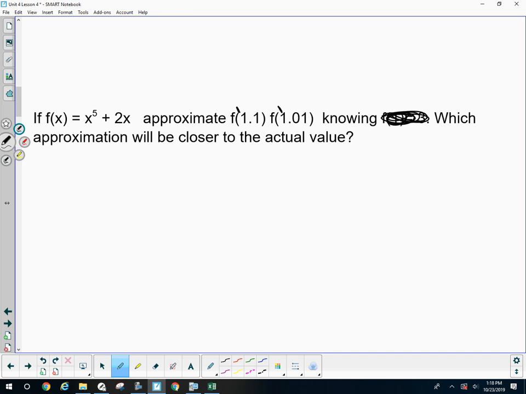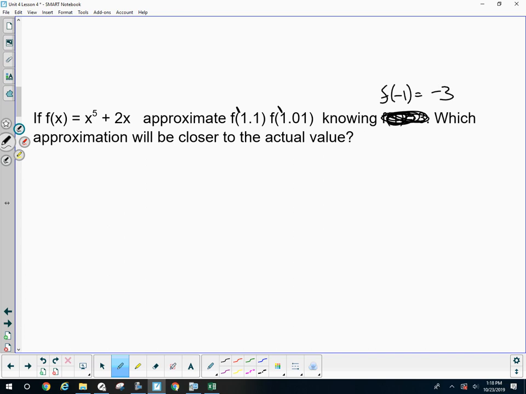Right, f of negative 1 would not equal 3, actually it would be equal negative 3. We want to use points that are very, very close to the points we're approximating. So we would make sure that we understand a point that is close to the values we're approximating. So I get negative 1, and then this is negative 1 plus negative 2, which is negative 3.